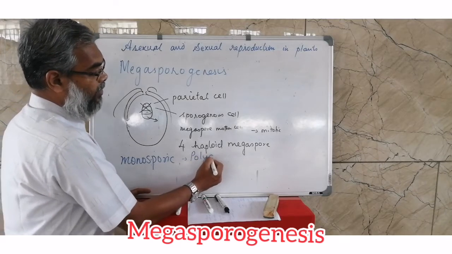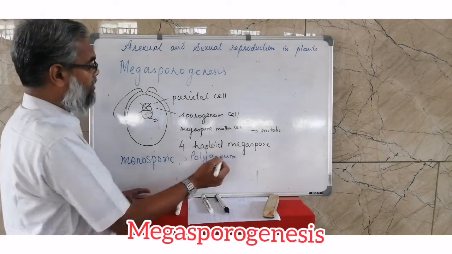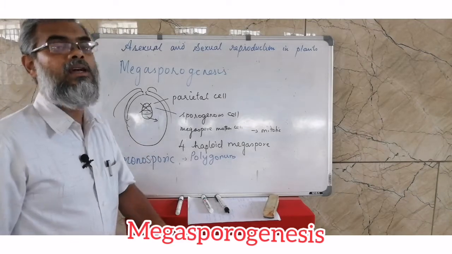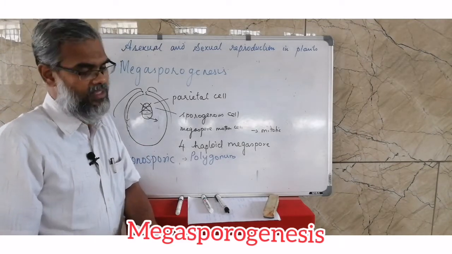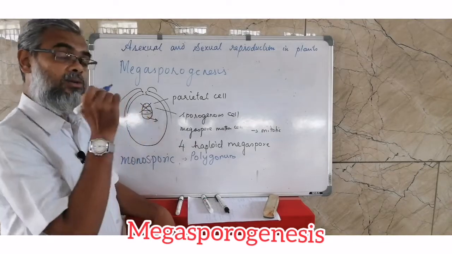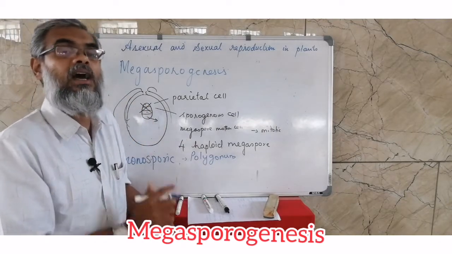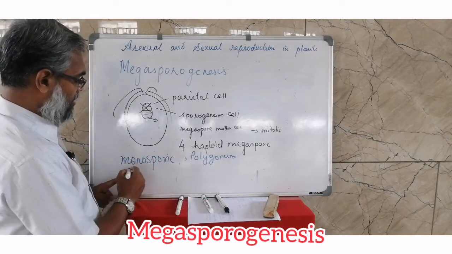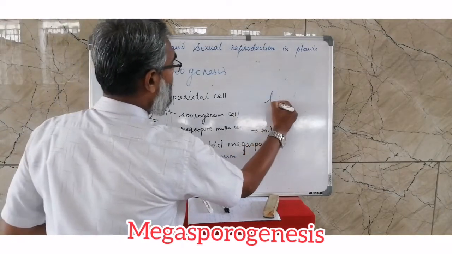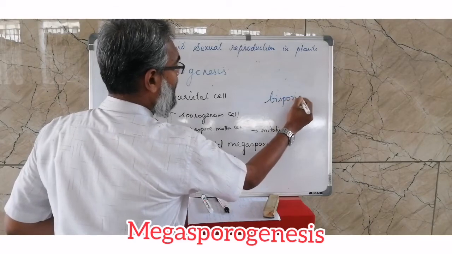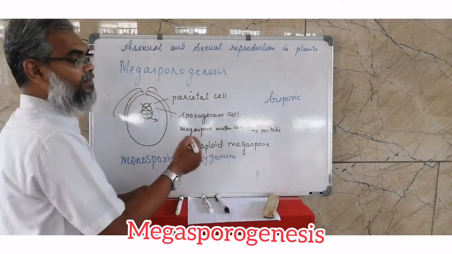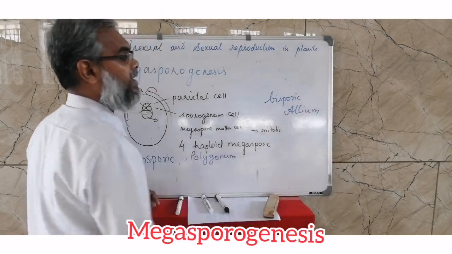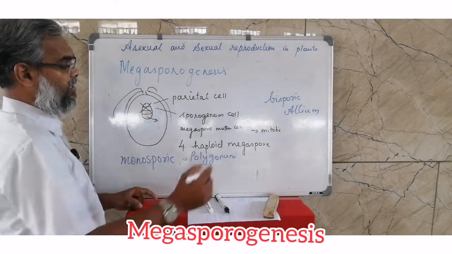Example, Polygonum. Then what will be bisporic? Yes, two cells will become functional and 2 cells degenerate. So that is said to be bisporic. Example, Allium.